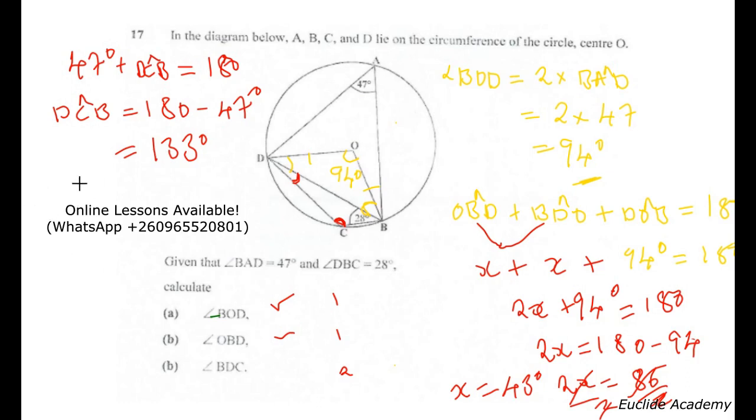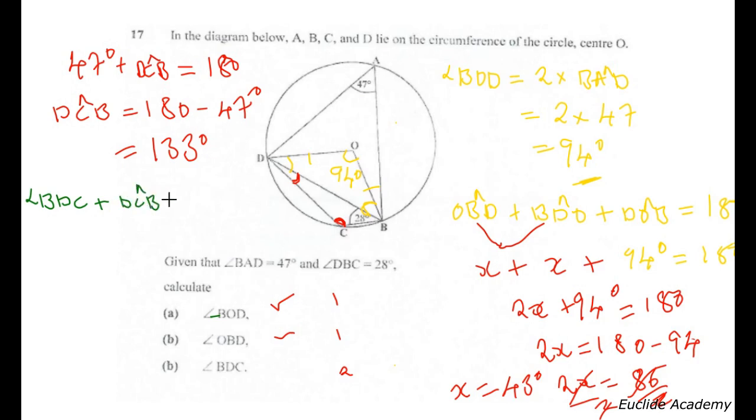So here we say angle BDC plus angle DCB plus angle DBC should give us 180 degrees, right?